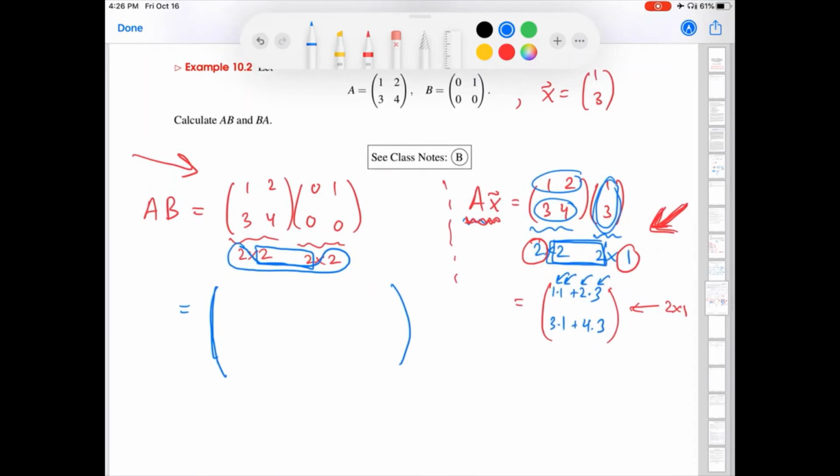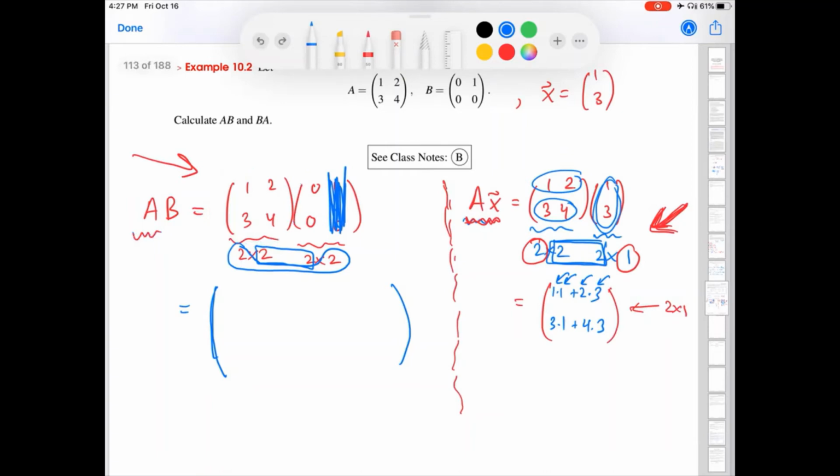Now what do I do to actually multiply these two matrices? This is where I put these two examples side by side, because it really is an extension of what we do here to multiply a matrix times a vector. I'm going to take the same matrix A, and this matrix B right here, and ignore this second column and pretend that I'm multiplying the matrix A times this vector.